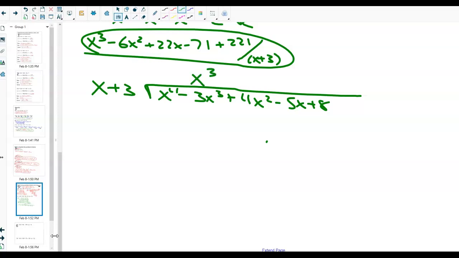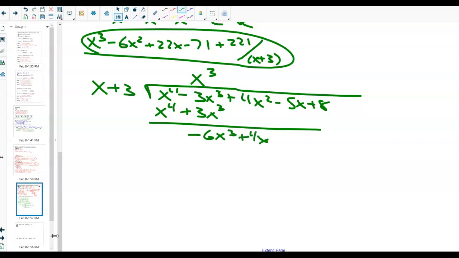X cubed does. So we have x to the 4th plus 3x cubed. Negative 3 minus 3. It's not 0, it's negative 6. We've got to be careful with signs. Plus 4x squared, we bring down. What times x gives me a negative 6x cubed? Minus 6x squared. Negative 6x cubed minus 18x squared. And this is why the signs are important.